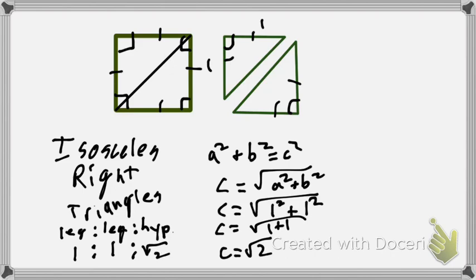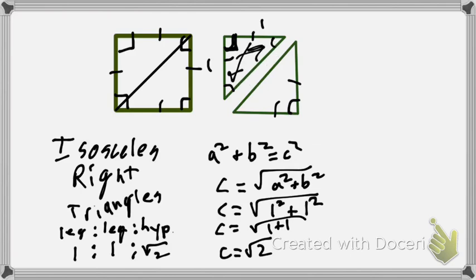Now, because this is an isosceles right triangle, we also know that these two angles are the same. You'll hear it referred to as an isosceles right triangle. You'll also hear it referred to as a 45-45-90 triangle. Because if this is 90 degrees right here, and all three angles have to add up to 180 degrees, that means that these two angles down here have to add up to 90 degrees.